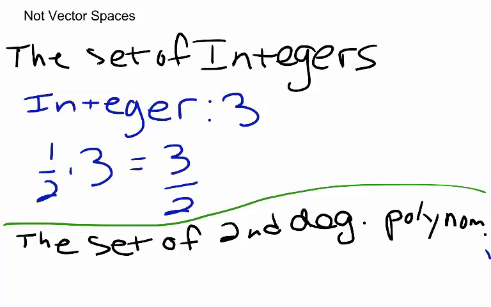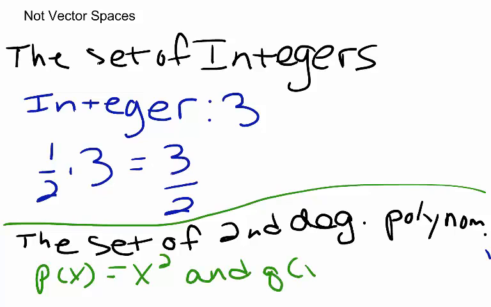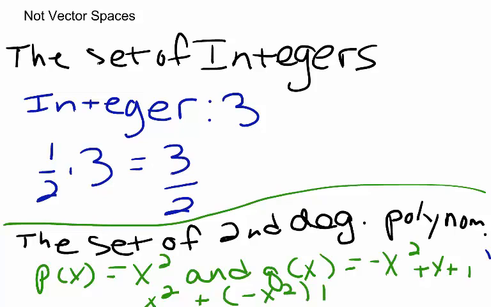So in other words, if we have p of x equal to x squared, and q of x equal to negative x squared plus x plus 1, we can see that this would not be closed under addition, since we'd have x squared plus negative x squared plus x plus 1, which equals x plus 1, a first-degree polynomial.